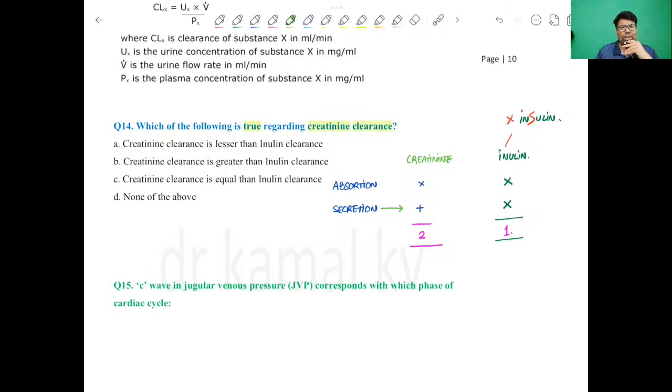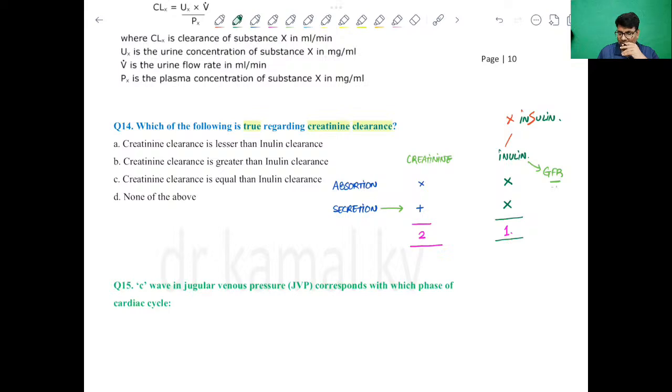So whatever amount we are giving, as it is coming out through the urine, and therefore this is the ideal for estimating GFR, because one of the conditions for a substance to be used for measurement of the GFR is that neither it should be secreted nor absorbed in the kidney, and whatever amount we are giving should come out through the kidney as it is, right?